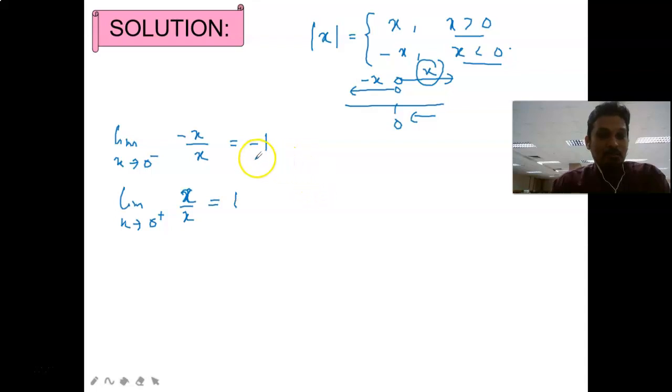So they are not equal again. Therefore, the limit as x approaches 0 of the modulus of x divided by x does not exist.